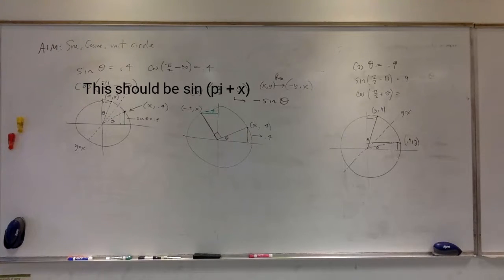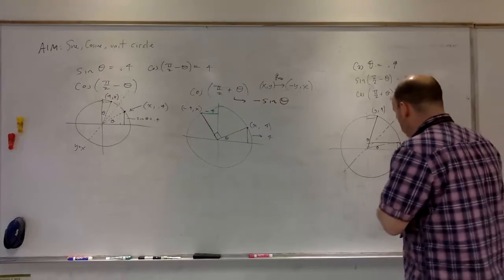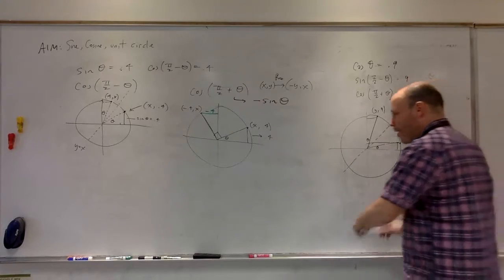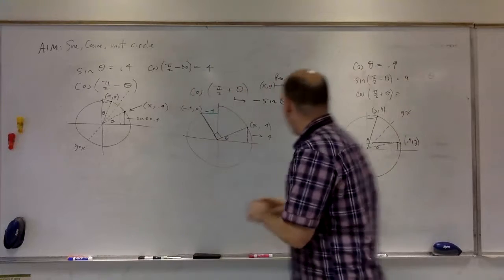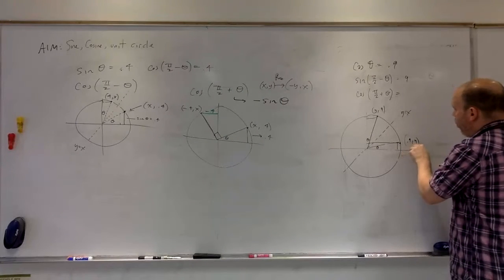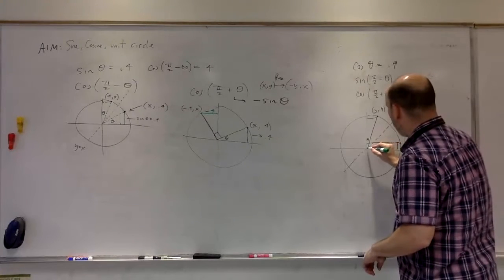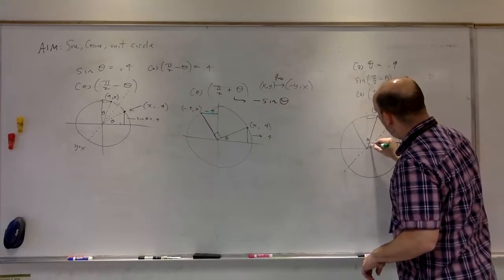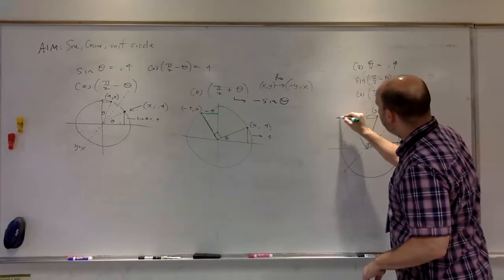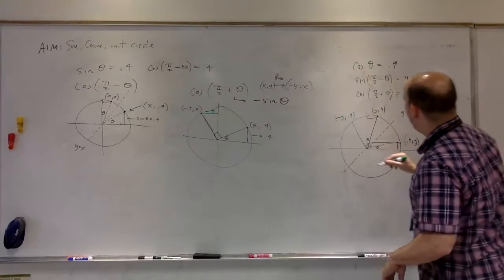What's going on with 90 plus? Well, I can use the same diagram if you can follow along. If we take negative 0.9y rotated 90 degrees, what does that become? Negative y 0.9.